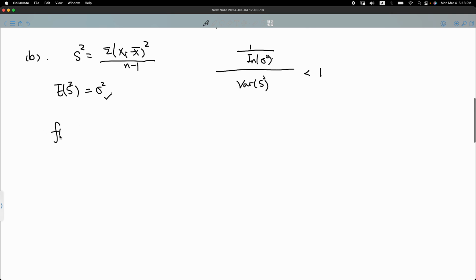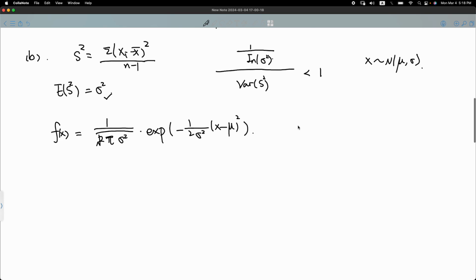So let's start with the PDF, which is basically just a normal. So x is just a general normal with mean mu and sigma, where sigma is the standard deviation. So the PDF is 1 over the square root of 2 pi sigma squared, multiplied by the exponential of negative 1 over 2 sigma squared, times x minus mu squared.